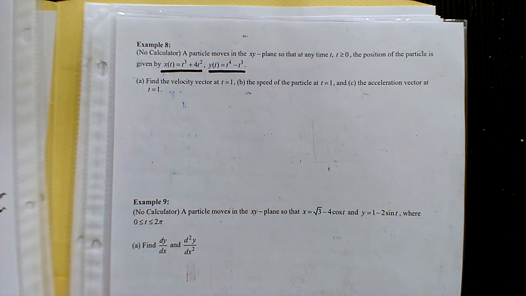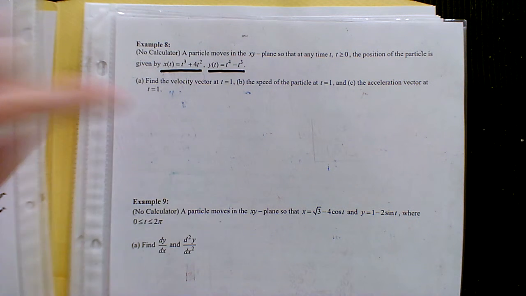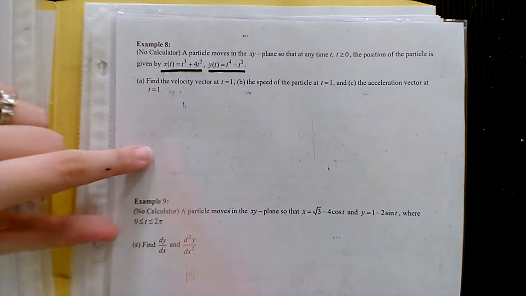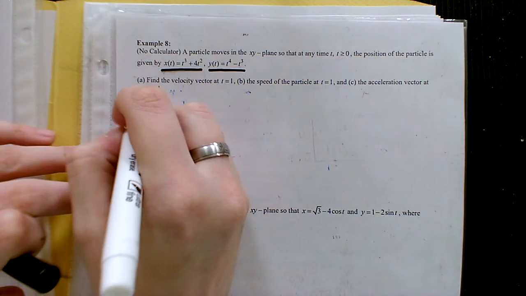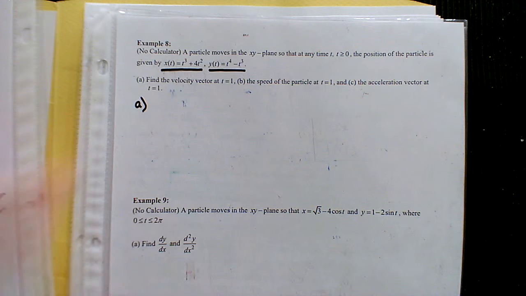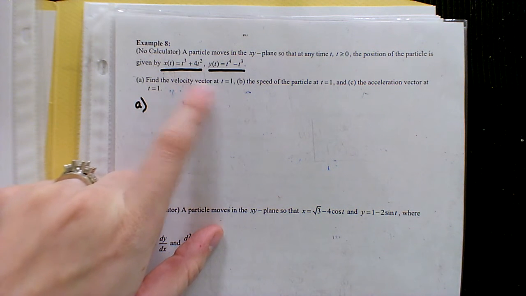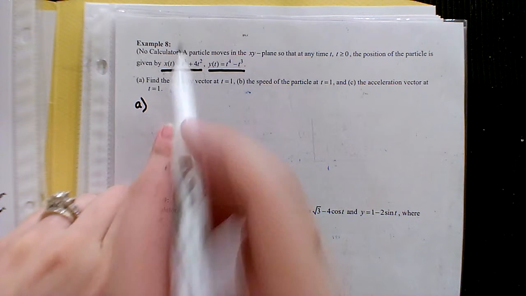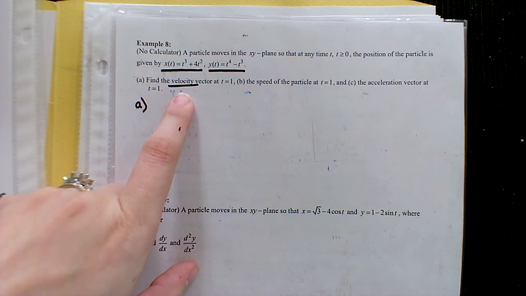They're defining the x and y variables or locations separately. So let's try part A. Find the velocity vector at time 1. We'll start with baby steps. If they give us the position functions, okay, one for x, one for y, how do you think we can figure out the velocity functions for x and y?